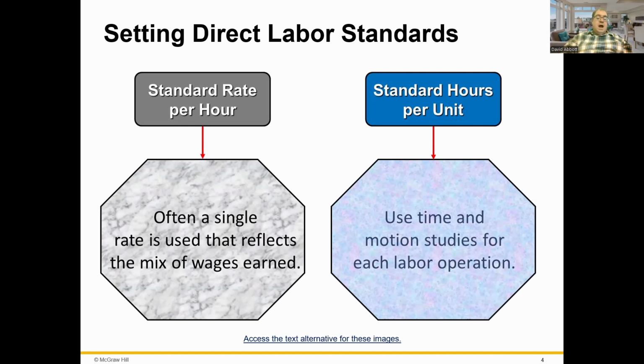The standard hours per unit reflects the labor hours required to complete one unit of product. Standards can be determined by using available references that estimate the time needed to perform a given task, or by relying on time and motion studies.